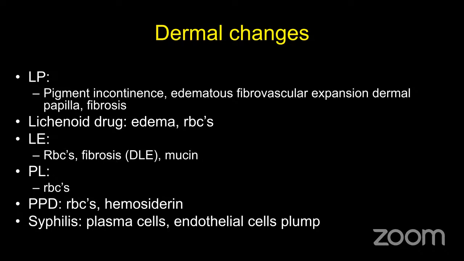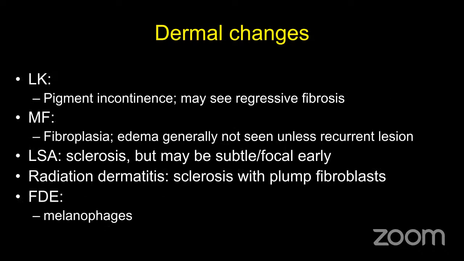LE, I told you sometimes red blood cells are a common feature, not really talked about that much. Sometimes you can also have some neutrophils, mucin, and with chronicity, you can have some fibrosis. Pityriasis lichenoides, red blood cells, and remember, no eosinophils with pityriasis lichenoides. PPD, red blood cells and hemosiderin, and syphilis, plasma cells and plump endothelial cells. So these are some of the dermal changes you need to look for.